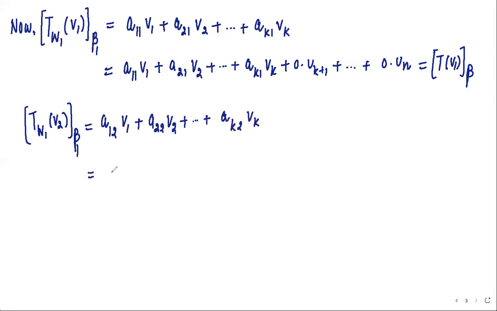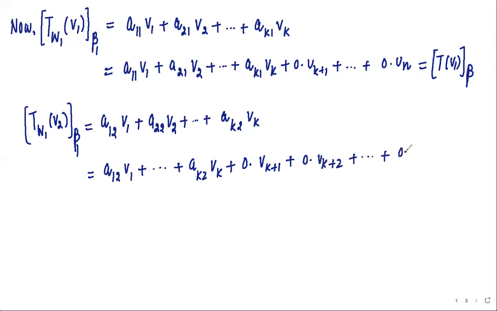But now this can also be written as A12 V1 plus so on plus Ak2 Vk plus 0 times Vk plus 1, then 0 times Vk plus 2, and so on, 0 times Vn, which is in fact T of V2 related to the basis beta.